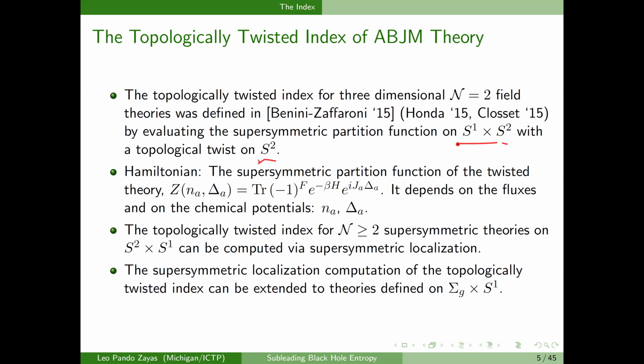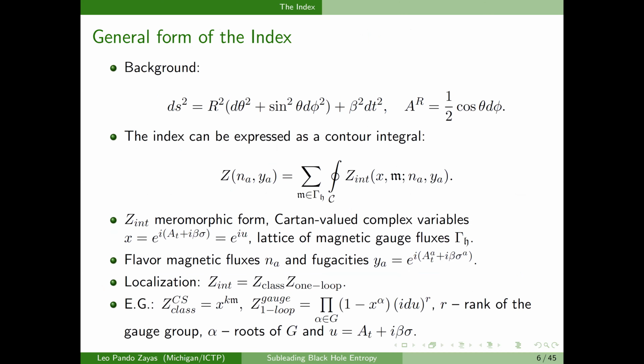I will briefly explain how that is done. But one thing that you gain on top of that is that, if you know the index for S2 cross S1, you can very quickly understand the index on any Riemann surface of genus g times the circle.